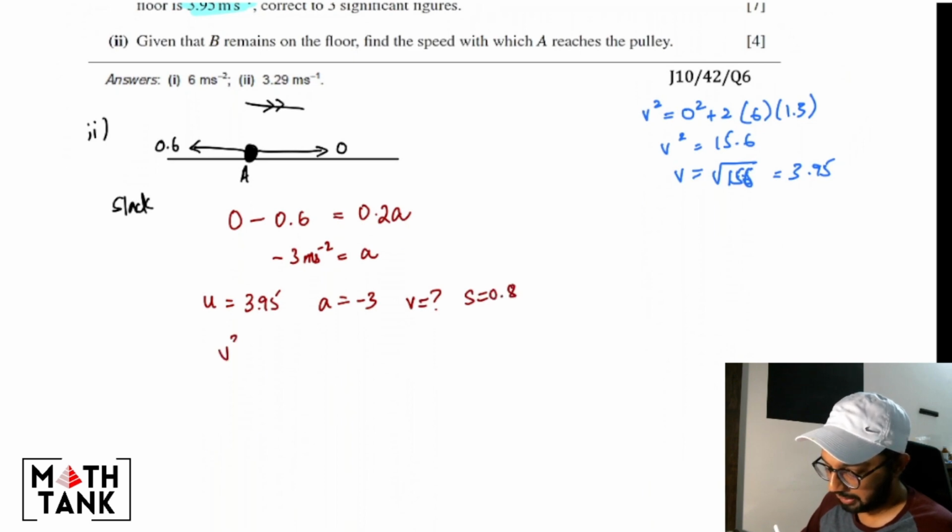So v squared equals u squared plus 2as again: 3.95 squared plus 2 times minus 3 times 0.8.